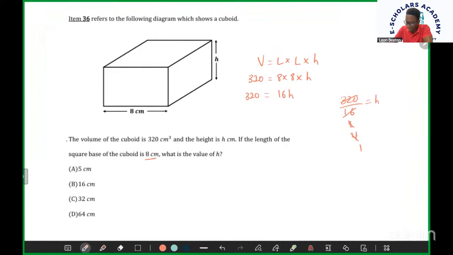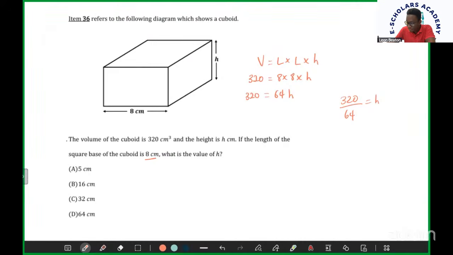Let me go back. Where did I get 16 from? It's 64. You have to be careful, because we don't have calculators at all.